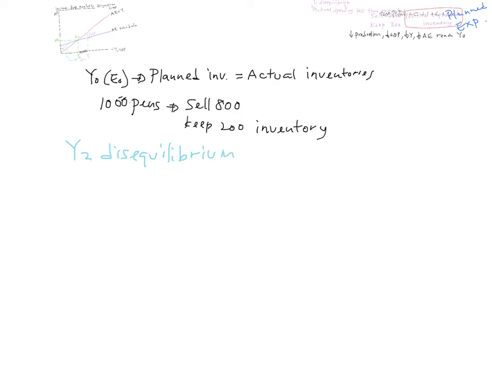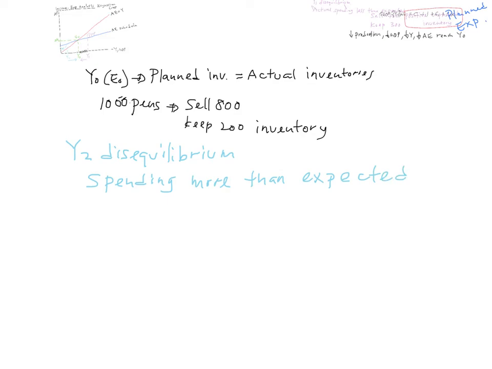Okay. In this situation, you're going to find that spending is greater than expected. Spending greater than expected. More than expected. People are spending more than you think. People are buying more than you thought.